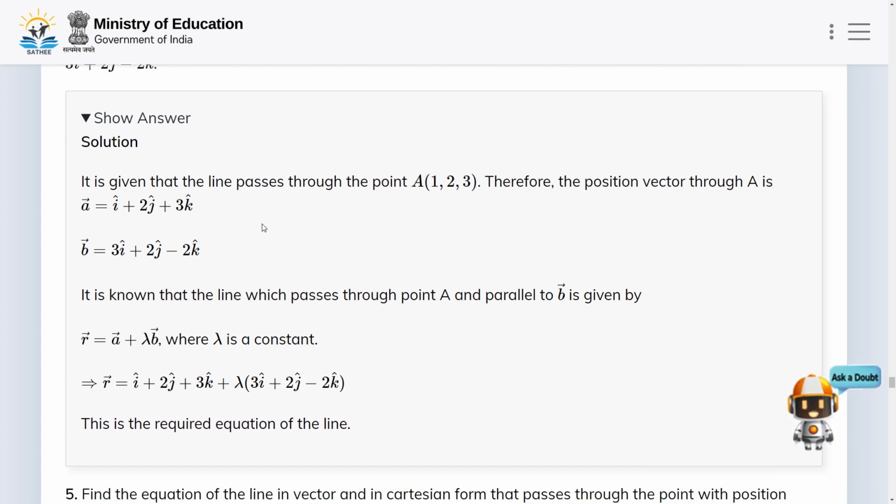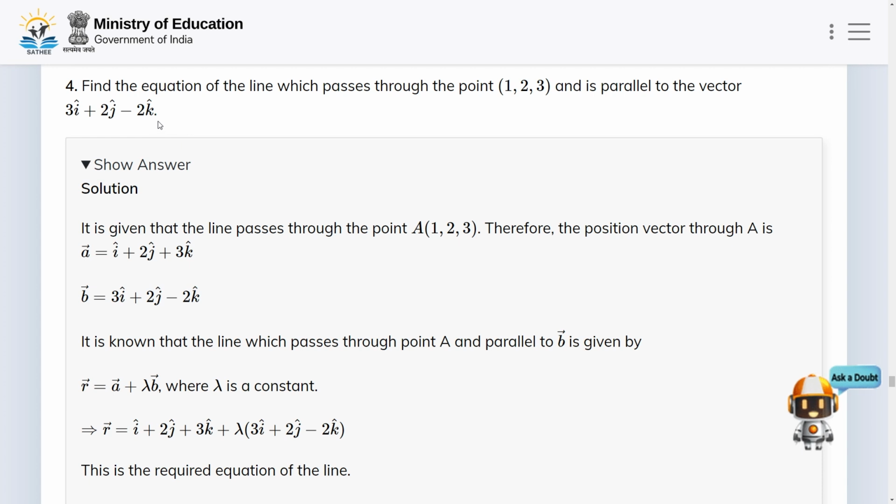Very simple. Whenever you are given a point, or an initial point, or a point from where your line is passing, you will assume a vector in this form, which is i hat plus 2j hat plus 3k hat, where 1, 2, 3 are the scalar components and they represent the passing point. Clear?